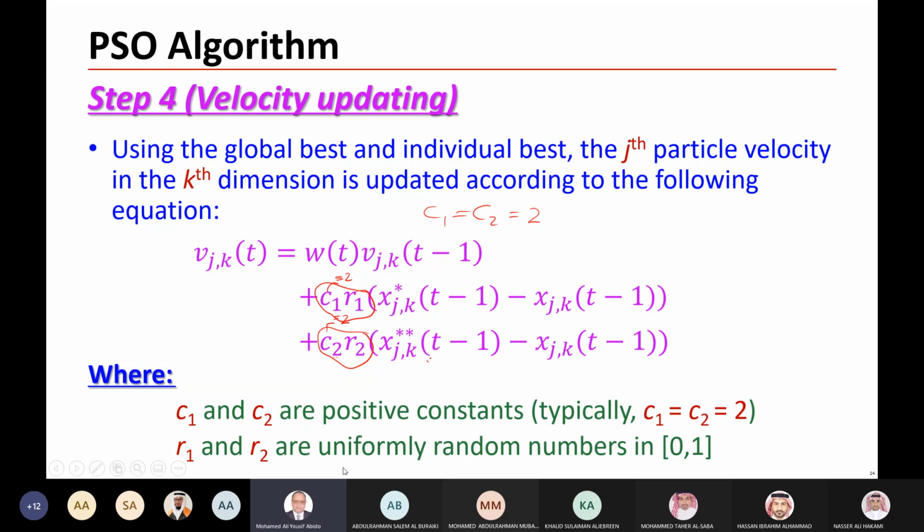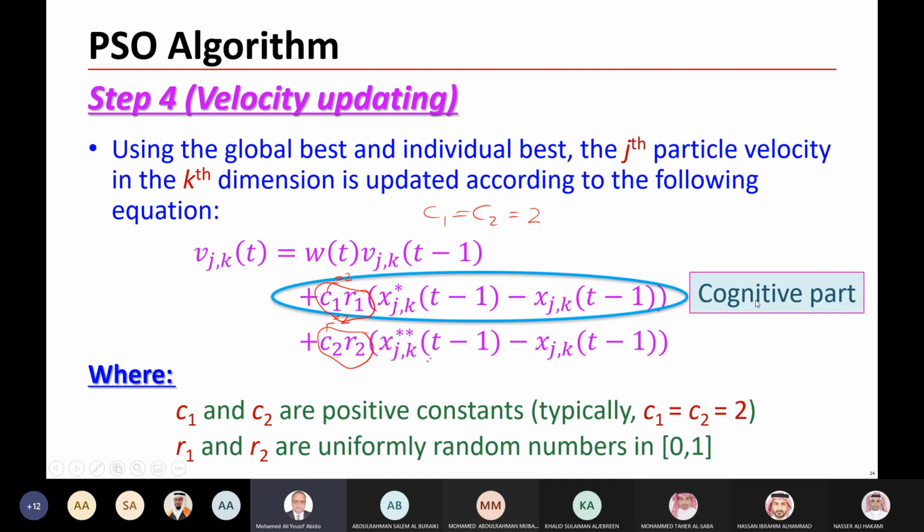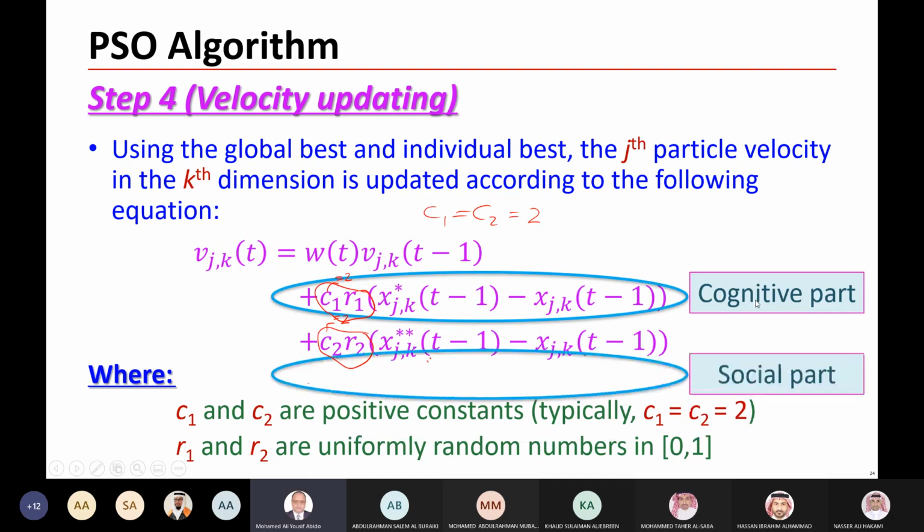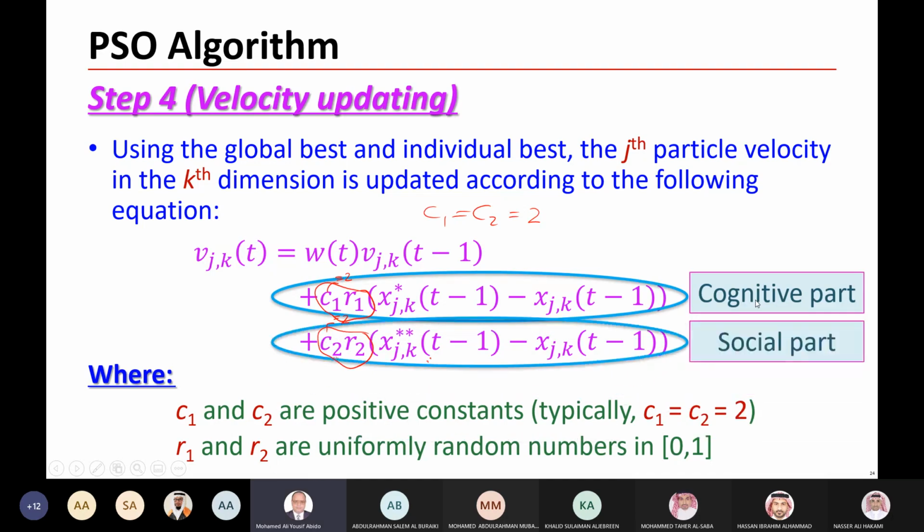R1 and R2 are uniformly random numbers in between 0 and 1. This random number is generated at each call; when you call again, you generate a different random number. So this is the cognitive part, and this is the social part.